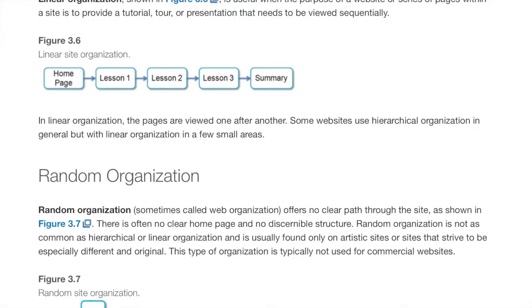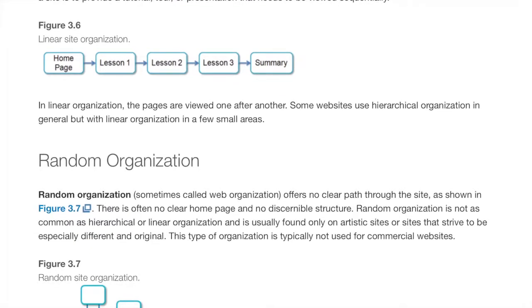Small simply meaning it is never going to expand past a couple of pages. So instead of homepage, lesson 1, lesson 2, lesson 3, if you think about a personally branded website, you would have home, about me, portfolio, contact, something like that. If your property, rather, is never going to expand past that, theoretically it's okay to have a linear design.